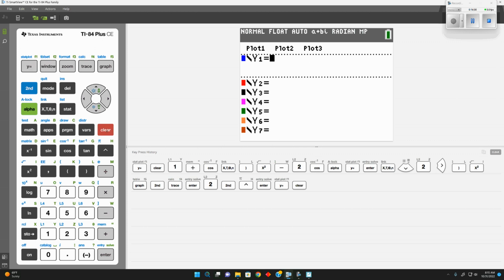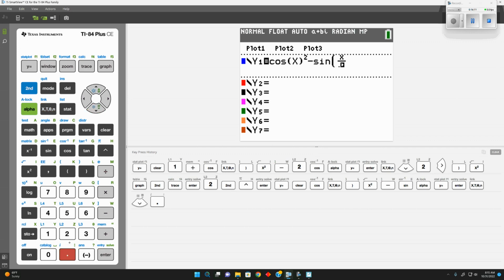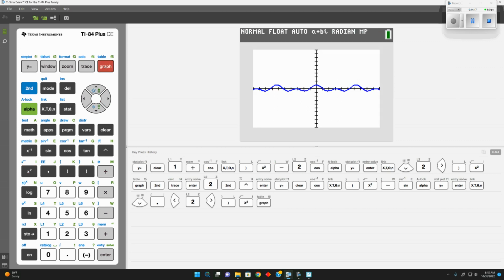So the next one we're looking at is cosine squared of x minus sine of x over 2 squared. Second trace, enter 2 pi.